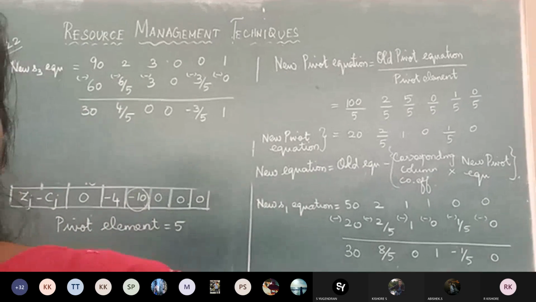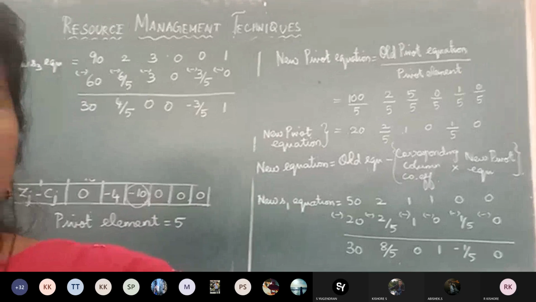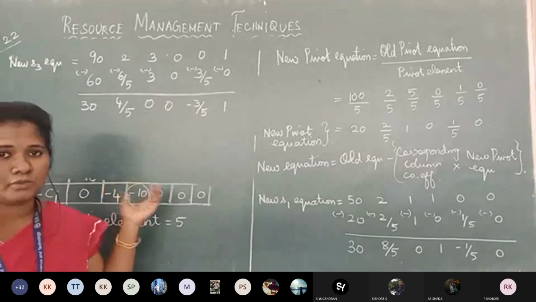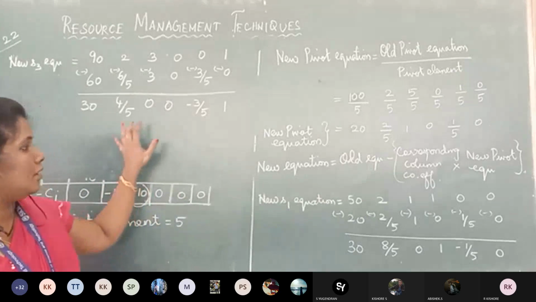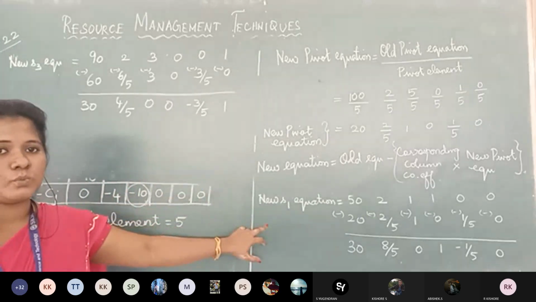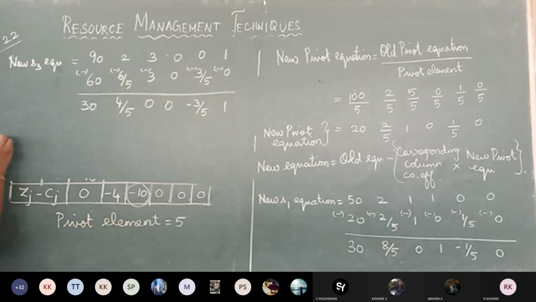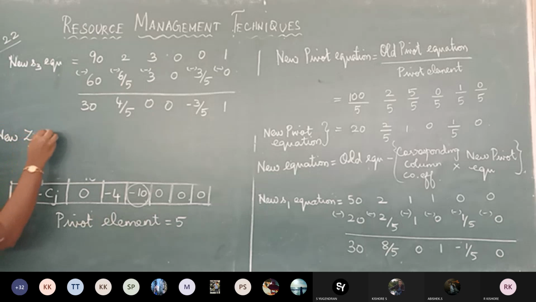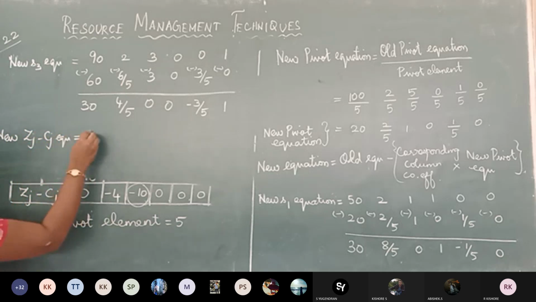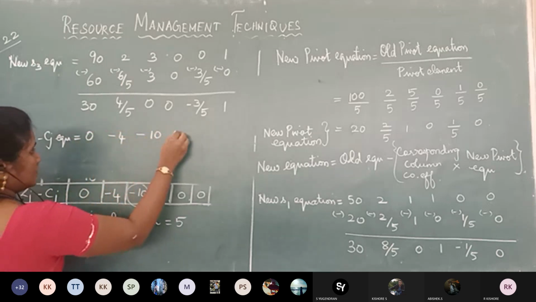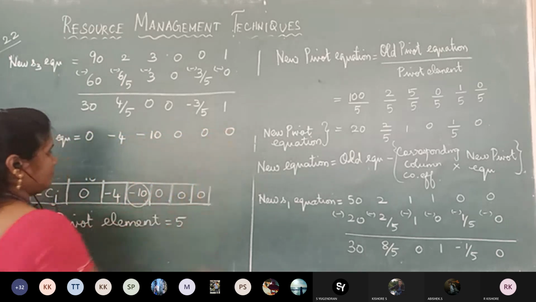Similarly, find out for Zj minus Cj also. Any doubts? If you've got doubts, please tell me. You understood how you're finding your S1, S3 equations. Next, we have to do it for your Zj minus Cj. So first write this equation: 0, minus 4, minus 10, 0, 0, and 0.